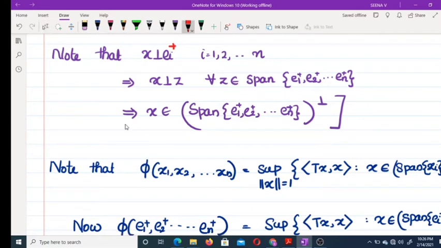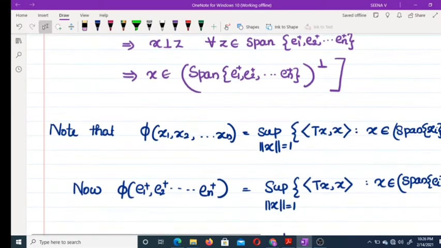That means x belongs to the perp of the span of e1 plus, e2 plus, etc., en plus. Therefore, you note that phi of x1, x2, etc., xn is the supremum of this value, where x is in the span of this perp.